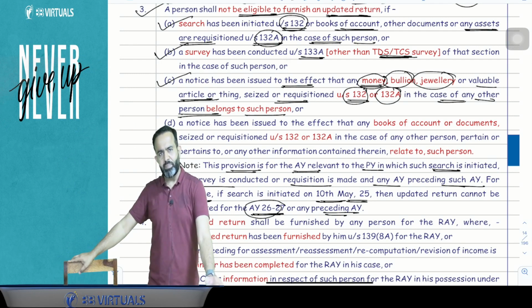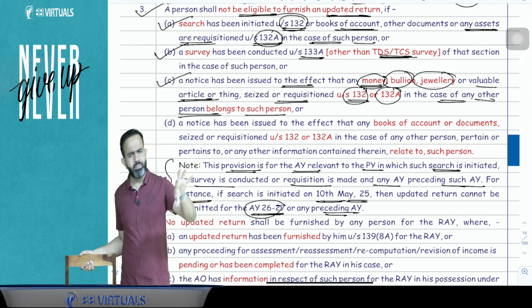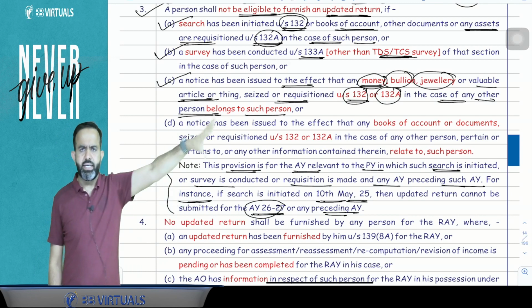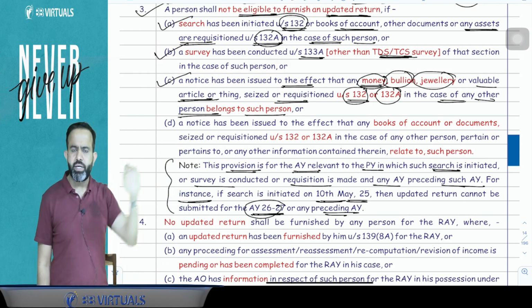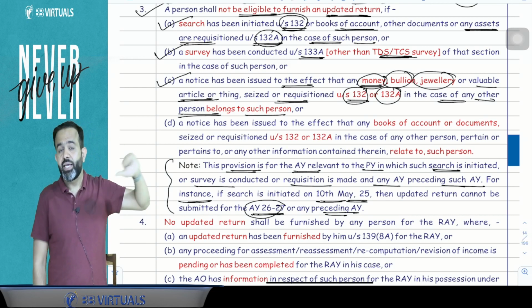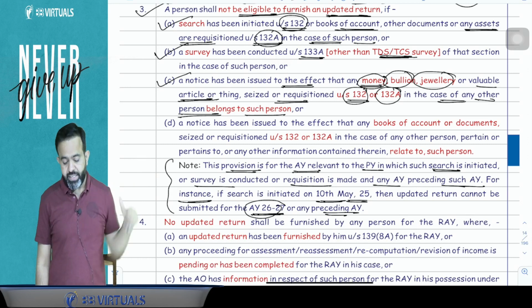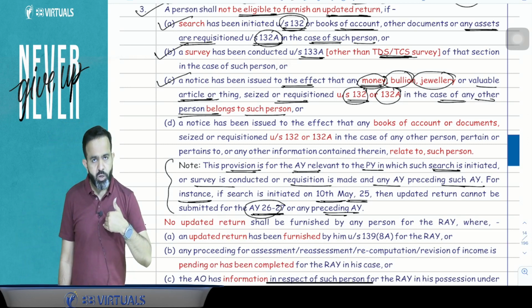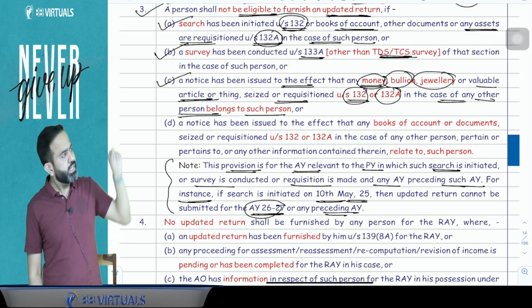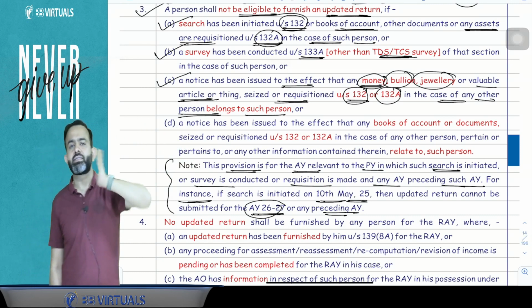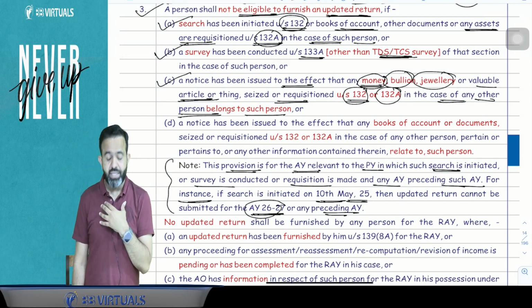I can take an example: a raid conducted at my uncle's home. During that raid, they seize some money, bullion, jewelry, or other articles and things that belong to me. What they will do is the assessing officer of my uncle will hand over that asset to my assessing officer.